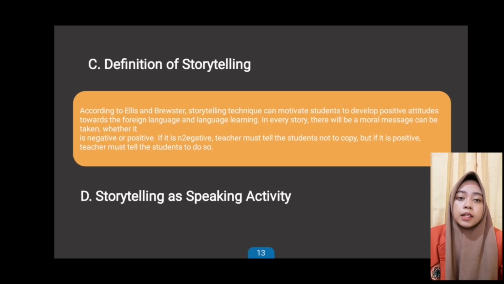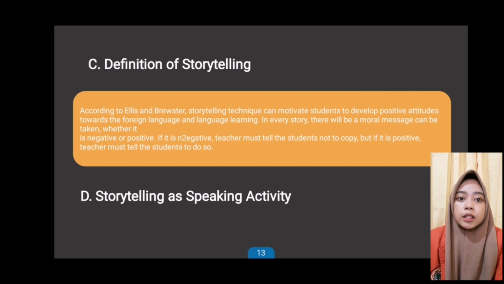The next, C, definition of storytelling. According to Ellis and Brewster, storytelling technique can motivate students to develop a positive attitude towards the foreign language and language learning. In every story, there will be a moral message that can be taken, whether it is negative or positive.